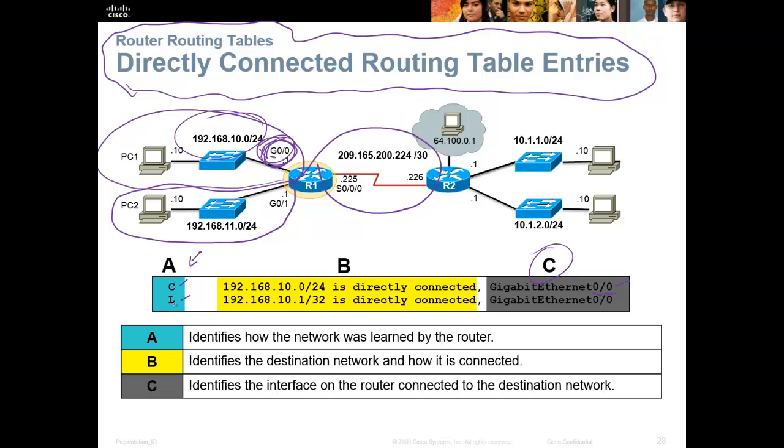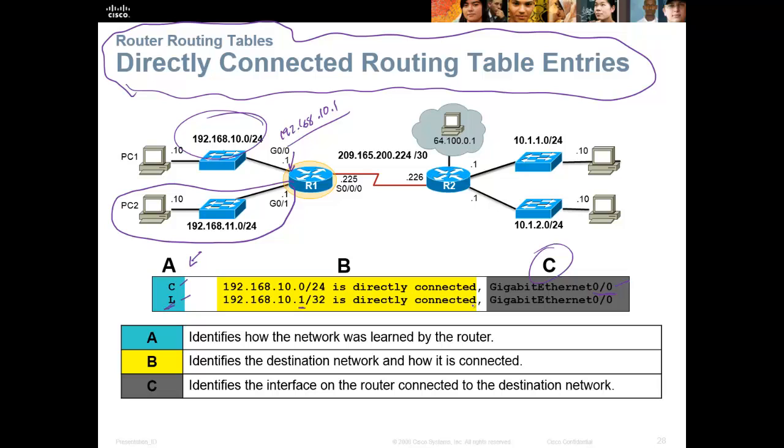The second part is local. Actually, this part is not about the network, it's about the interface, because we're referring to 1. What is 1? It is not clear here. 1 is the IP address, which is this one, 192.168.10.1, the IP address of the local interface in the router.